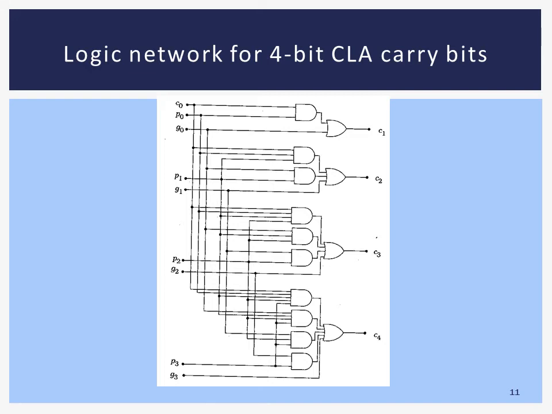So that is written here. C2 is nothing but G1 plus P1 into G0 plus P1 into P0 into C0, and like this for C3 and C4.